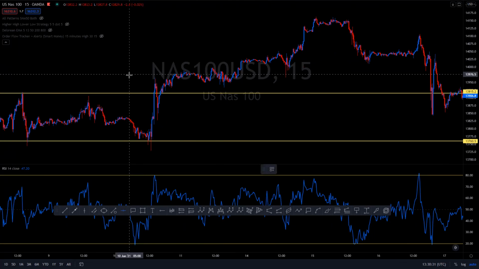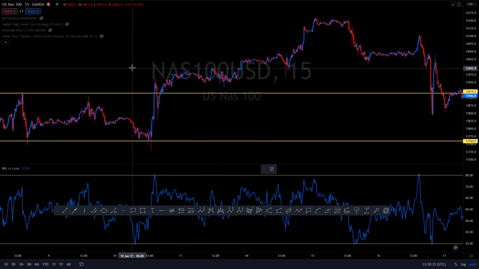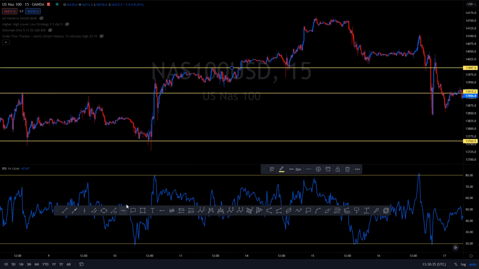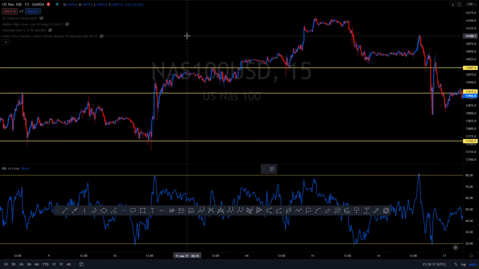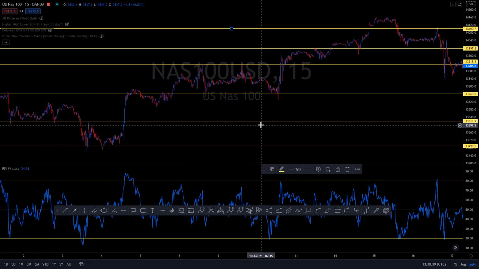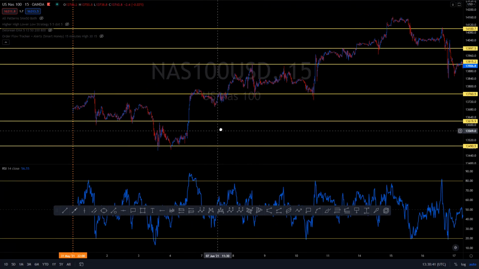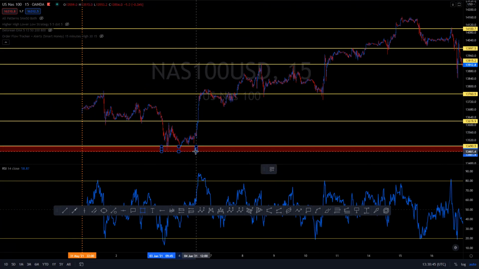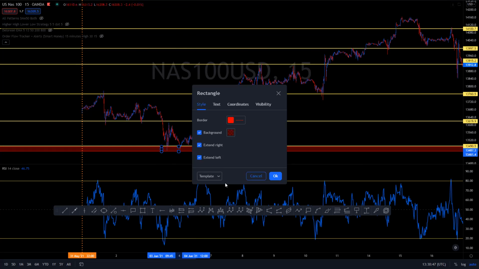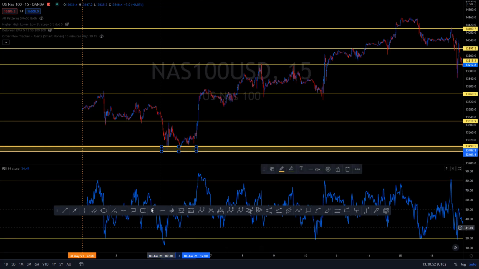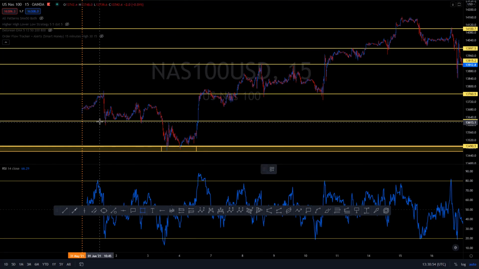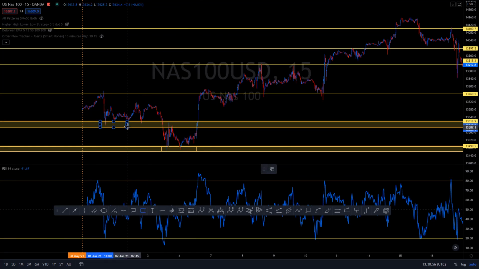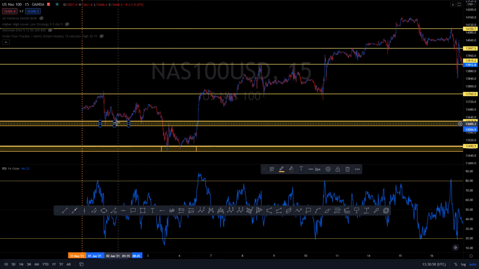And maybe we can provide these down here, maybe one all the way up to here. All right, we're just going to mark it up this far. Then we're going to take our horizontal lines and change this to yellow, like that. I like to draw from the body of the candle all the way down to the wick.